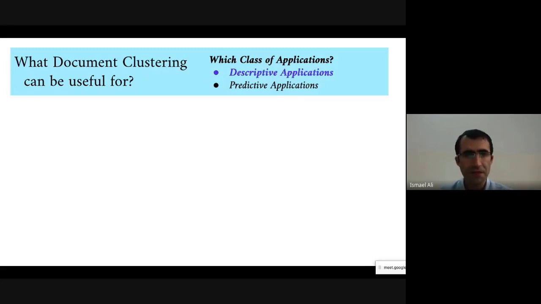It is definitely a descriptive application of text mining. You already have the data, and you describe what clusters and groups of documents there are by topic. We're not predicting any new input in the data stream. That is why it is a descriptive application.